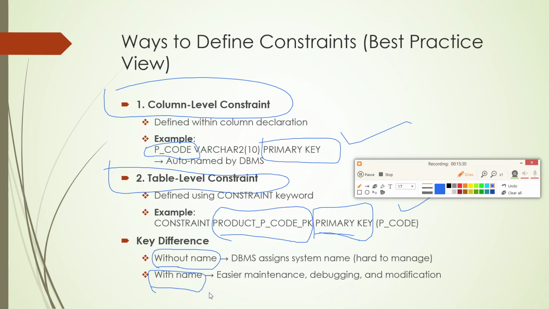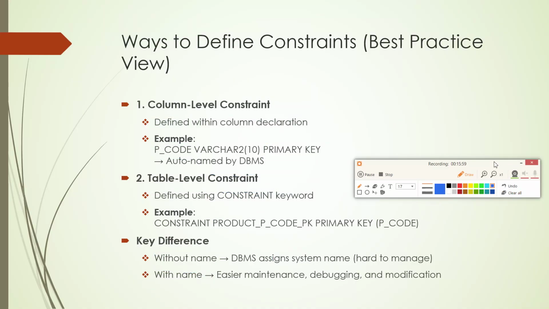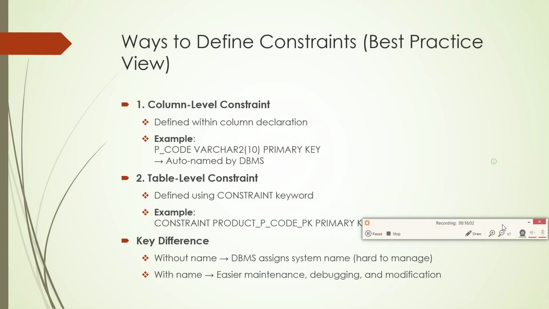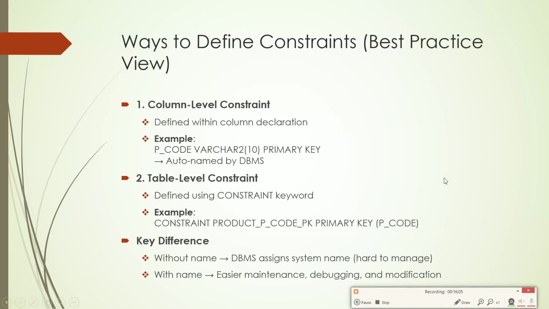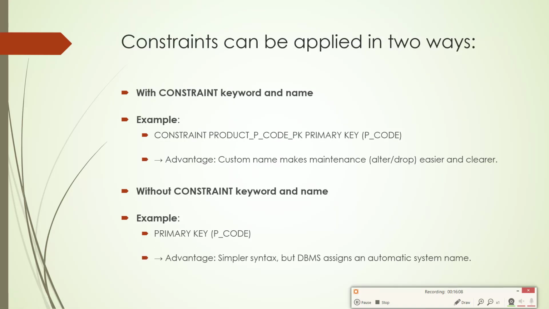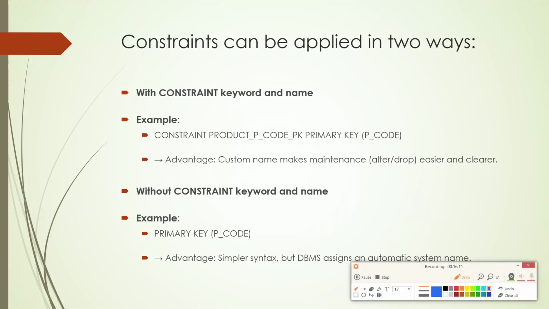This is the professional way: when you are creating the database, it's better to define names for the constraints, because later when we are dropping or updating these constraints, we can easily do so by name. And if we don't use a name, then the DBMS automatically assigns a name from its own side. So we discussed constraints with a name and without a name.